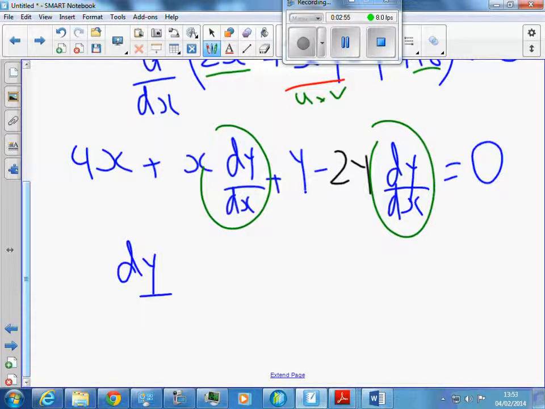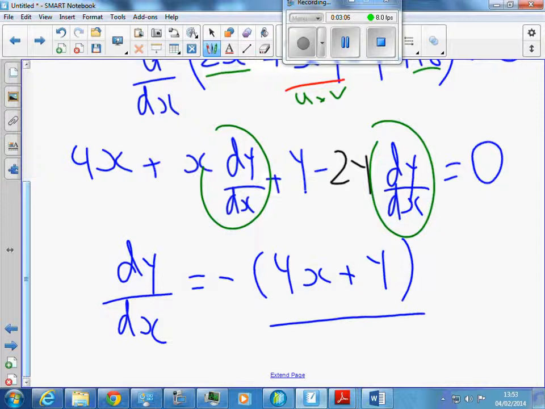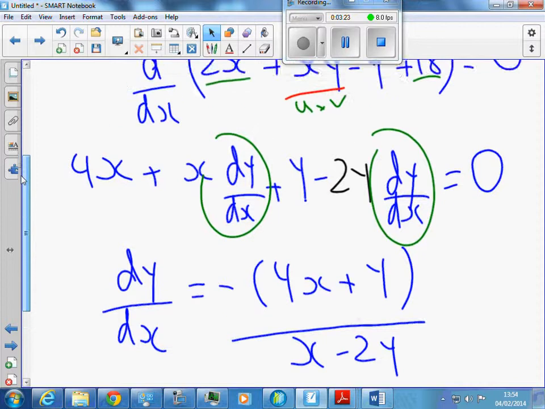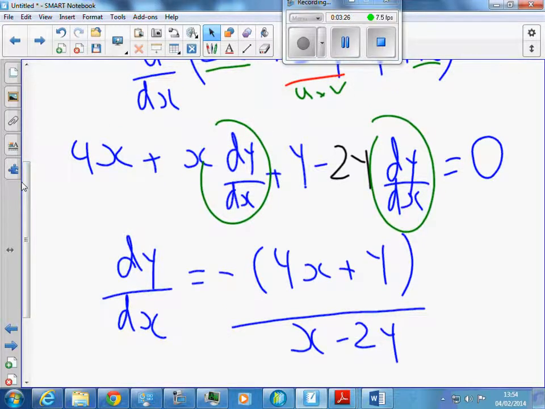So dy by dx is equal to minus 4x plus y all over x minus 2y. And now here's the key. That is the correct answer.